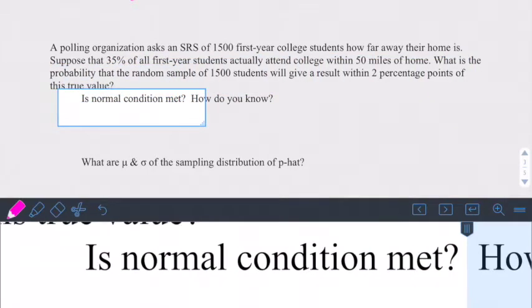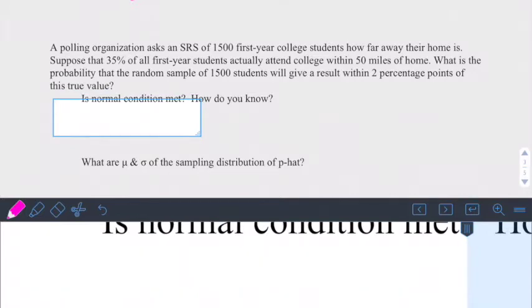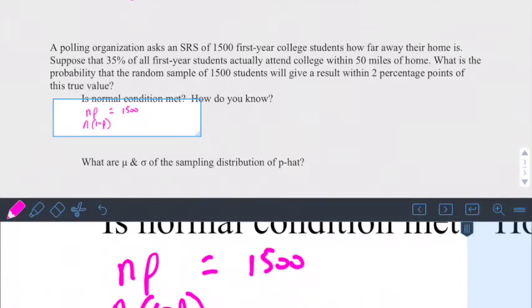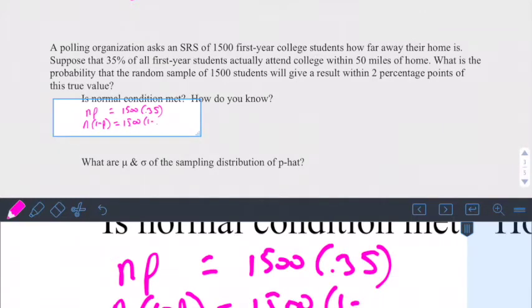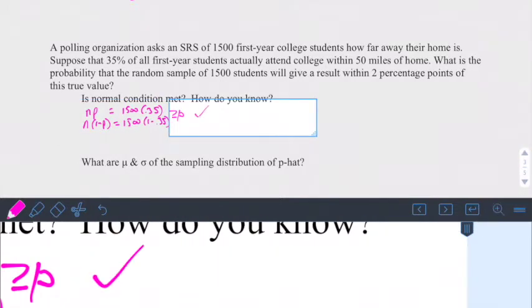So first of all, we're going to check the normal condition. So np and n times 1 minus p. Well, our n is 1500 and our p is 0.35. And 1500 times 1 minus 0.35, well, that's definitely going to be greater than or equal to 10. So we know that we have a normal distribution.